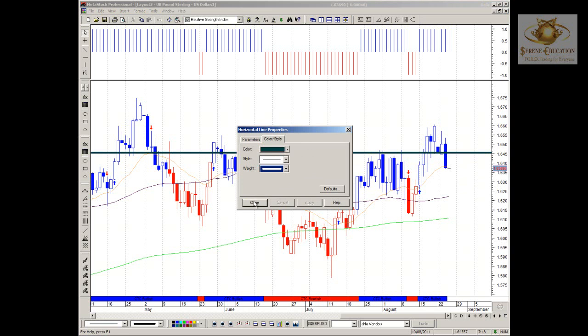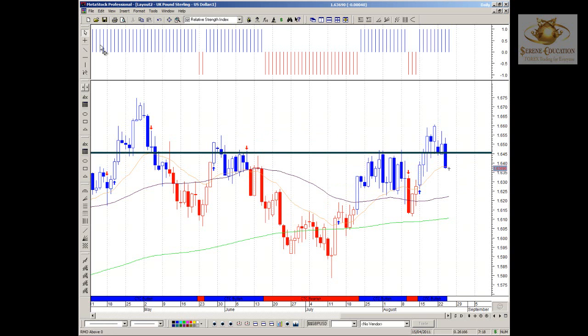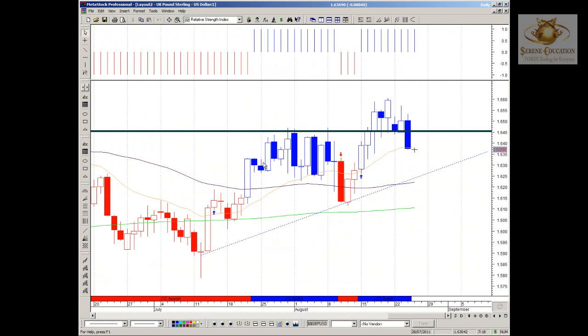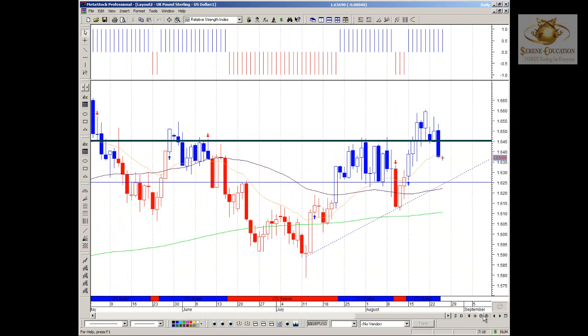Failing to do so has now put the price back into a negative outlook, and we must look at the uptrend here as a potential target. So we're looking at roughly the previous support and resistance levels at the 16,2500 as possible target to the downside.